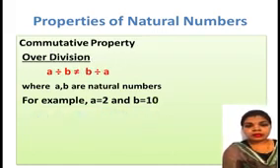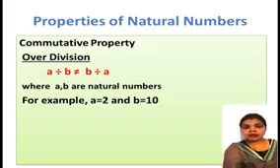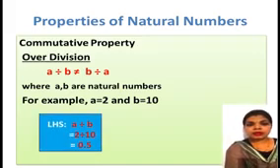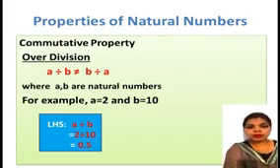Now next we will see commutative property over division. So for division also, a divided by b is not equal to b divided by a, where a and b are natural numbers. For example, if we take a equals to 2 and b equals to 10, LHS, a divided by b, is equal to 2 divided by 10, which is equal to 0.5.